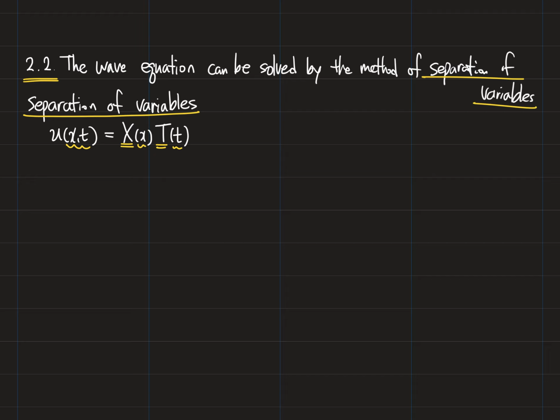So substituting this assumed solution back into the original wave equation, 1 over v squared, instead of u, we are going to put X multiplied by T into here and here, and we are going to perform the derivatives.